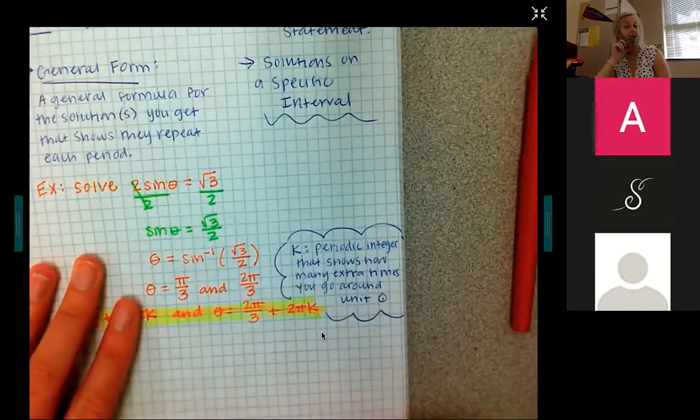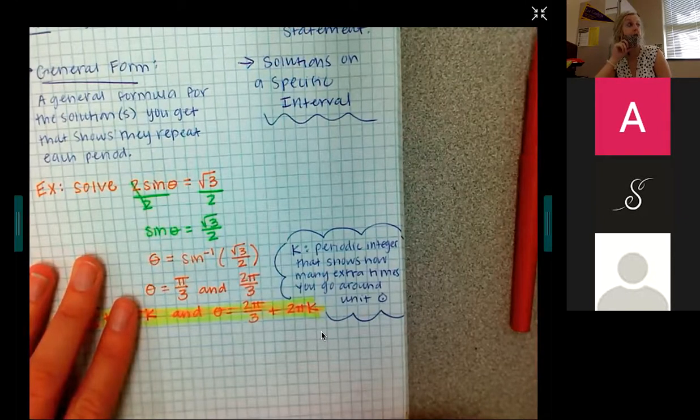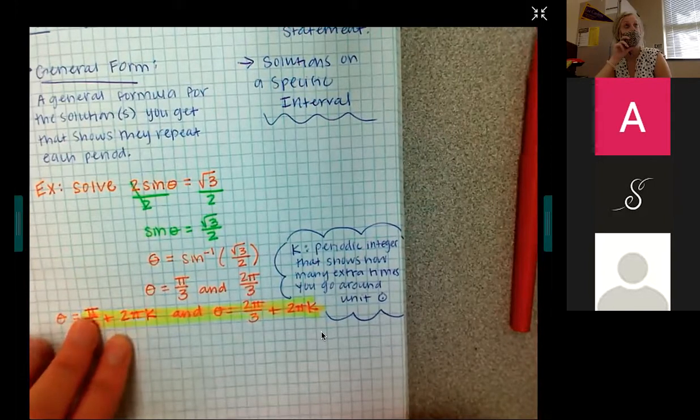Because the interval they could ask you for could be -2 pi all the way to +2 pi. And you'd have to tell me every single angle on that interval that makes that a true statement. You wouldn't even have to give me, yes, you could give me 3.